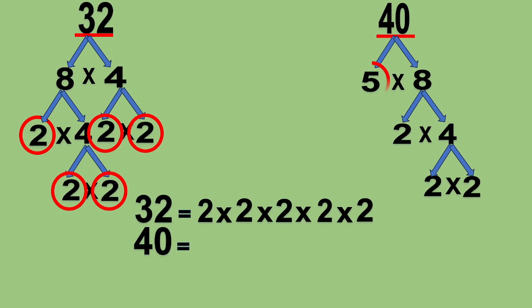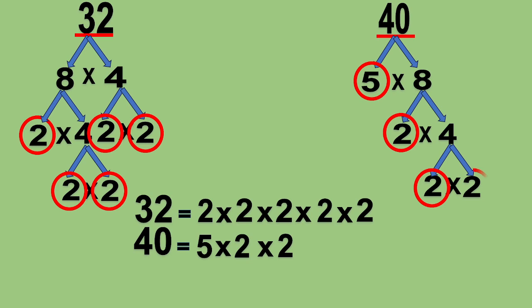We have 5 times 2 times 2 and times 2. Then, we need to find the common prime factors of 32 and 40.